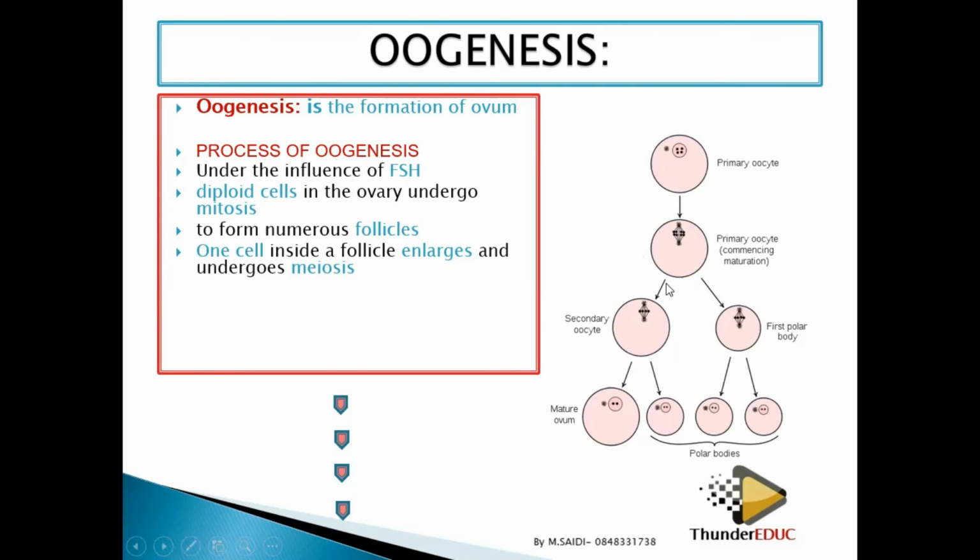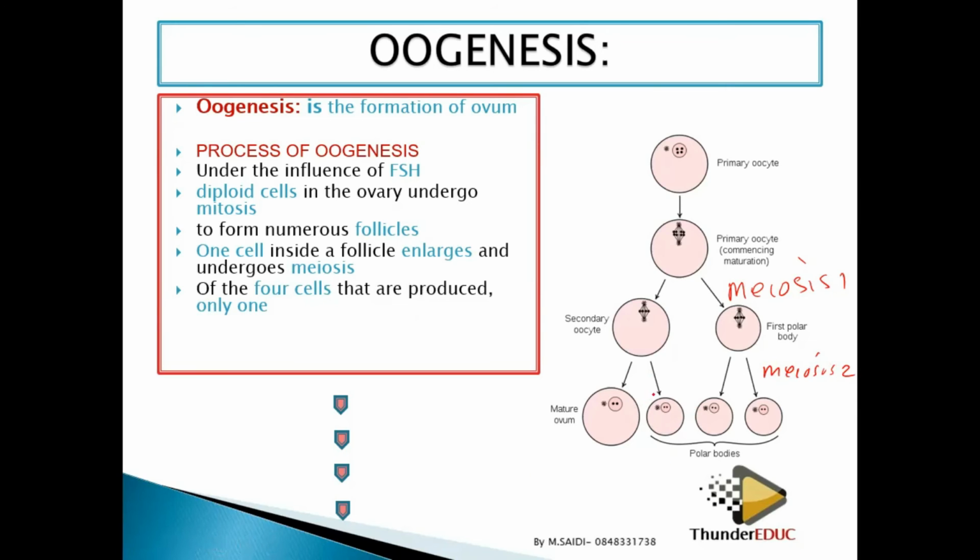It means that this is meiosis 1. And then of the cells that are produced, only one undergoes meiosis 2. But once it undergoes meiosis 2, not all of them are going to become ovum.